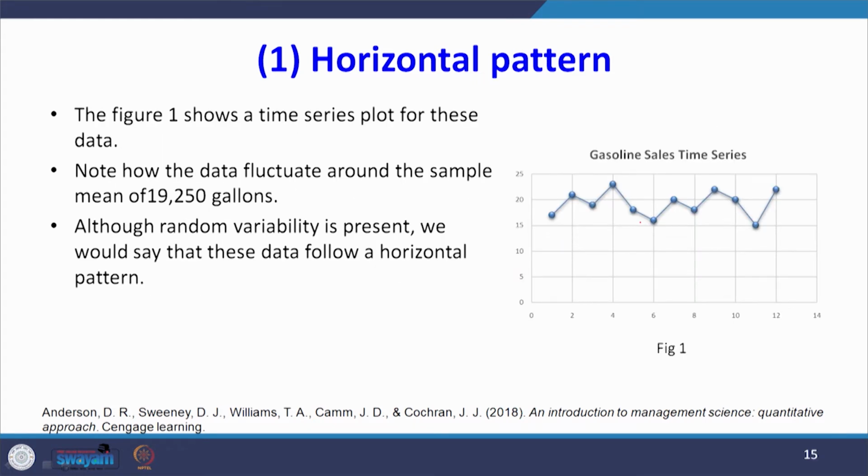See, I have shown this picture. The figure shows the time series plot of these data. Note that the data fluctuate around the sample mean of 19,250 gallons. Although the random variability is present, we would say that these data follow a horizontal pattern. There is a slight randomness, but it is a horizontal pattern.